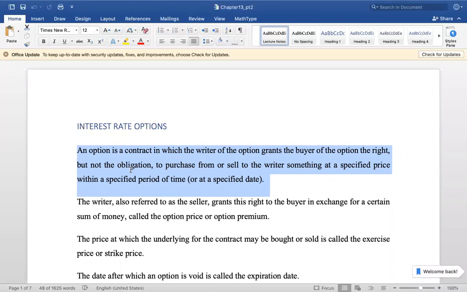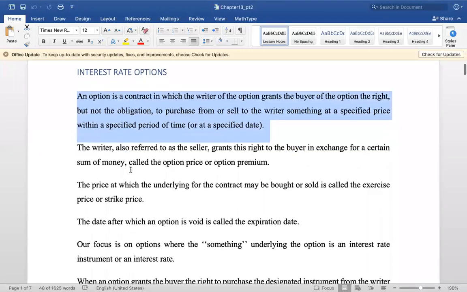So it is basically a right given by the seller, the writer of the option, to the buyer to buy or sell something at a specified price and within a specified time period. The price at which the underlying contract may be bought or sold is called the exercise price, and the date at which it can be done is called the expiration date.